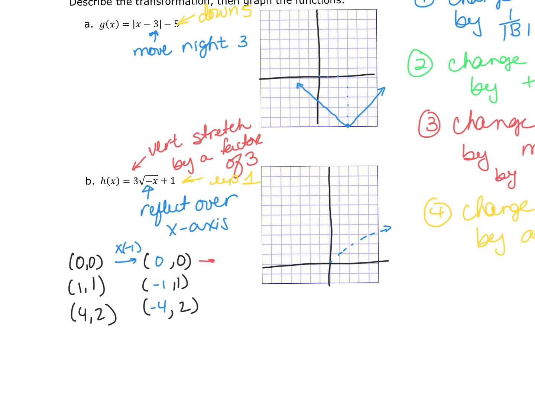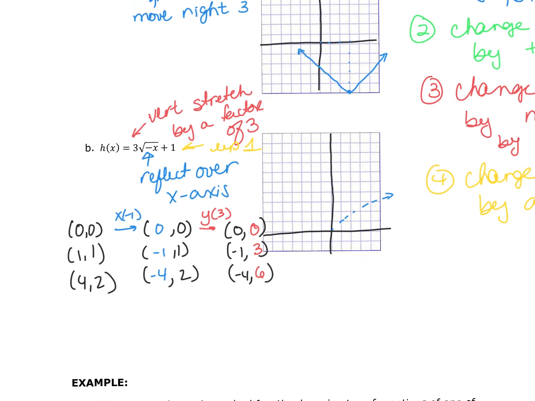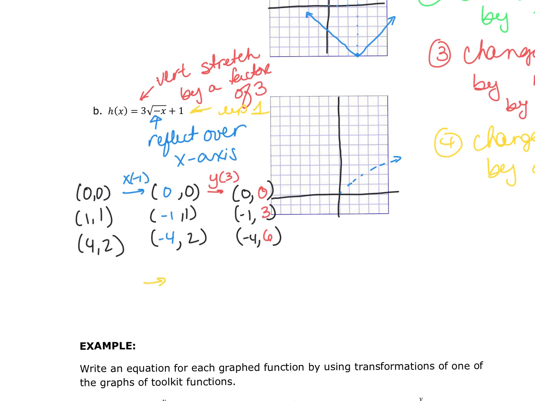Now I'm going to take all my y's and multiply by 3. So all my y's are going to be 3 times as tall. So 0 doesn't change, -1 doesn't change, -4 doesn't change. All of my y's get multiplied by 3. So this is still 0, this becomes 3, and this becomes 6. The last thing I'm going to do is take my y's and add 1 to it.